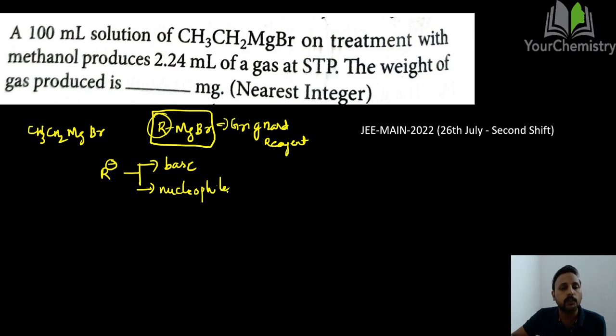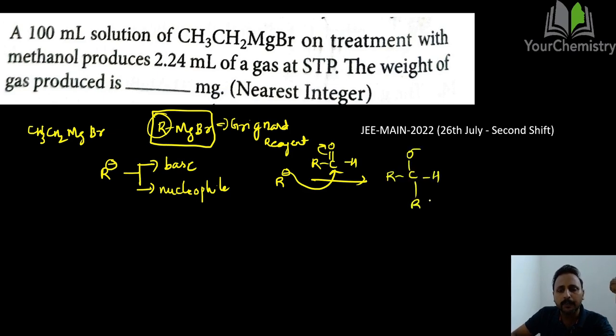When it acts as a nucleophile, if you are treating it with a carbonyl like RCHO, it will attack the nucleophilic site and this kind of shift will happen, giving RCHR O minus. Later I will discuss this in the aldehydes and ketones chapter PYQ, how R minus acts as a nucleophile. Currently I am just looking at how R minus acts as a base.